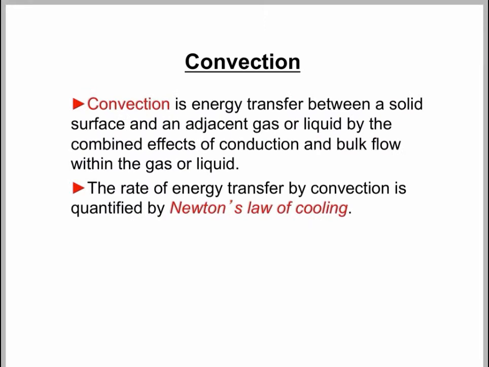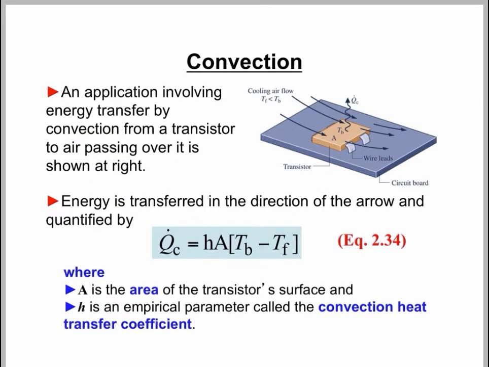The third form of heat transfer is convection, which usually occurs between a gas or a liquid. It does not occur within a solid. So in this schematic, if you take a look at it, we've got a plate at a temperature T sub B for the temperature of the body, and we assume that T sub B is greater than the temperature of the flowing fluid.